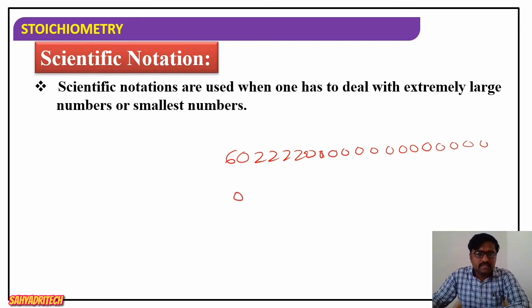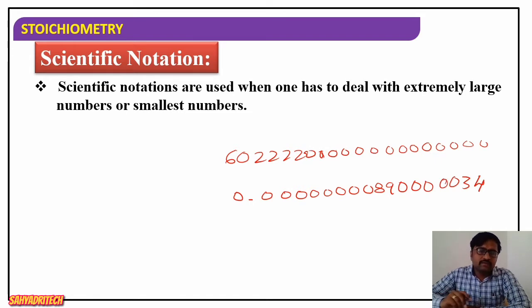Now if I want to say 0.00000089000003, while dealing with mathematical operations like addition, subtraction, multiplication and division, it becomes very difficult to operate such numbers. What type of numbers am I talking about? Very, very large numbers and even very, very small numbers.